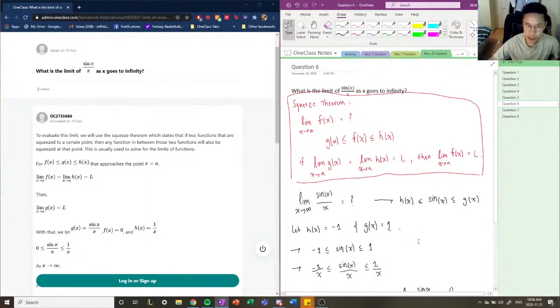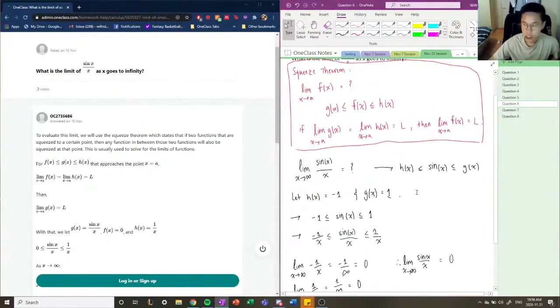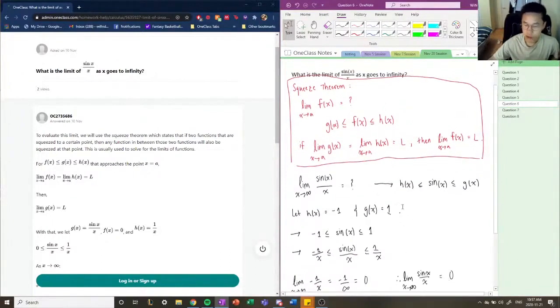That's how you use the squeeze theorem to calculate limits of functions. It doesn't work for all functions. Sometimes you have x squared and you don't know how to contain the range of x squared. Actually, you really can't. But the squeeze theorem is really useful for these kinds of oscillating functions, because they have a range that is very easily understood.